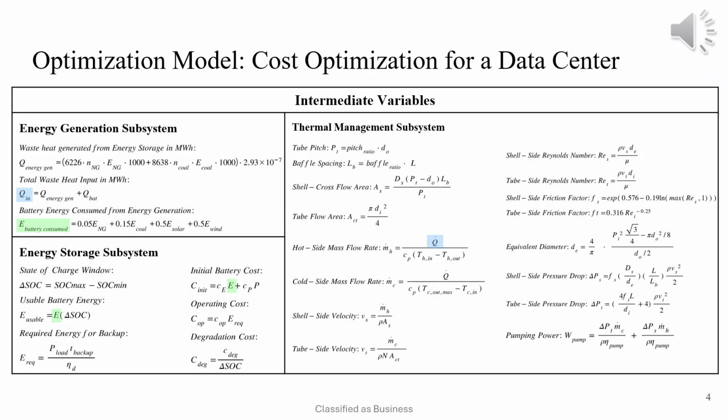The energy storage subsystem variables focus on the amount of energy to store, and thus the sizing and cost needed to provide sufficient backup for the energy generation, and how much of that energy is currently available. The long list of thermal management variables lead through a thorough design process in order to size the heat exchanger based off the output from the generation system, and then determining the cost of building said heat exchanger.